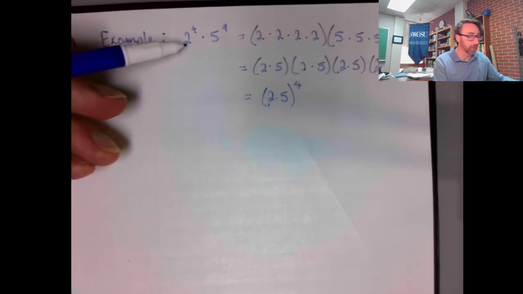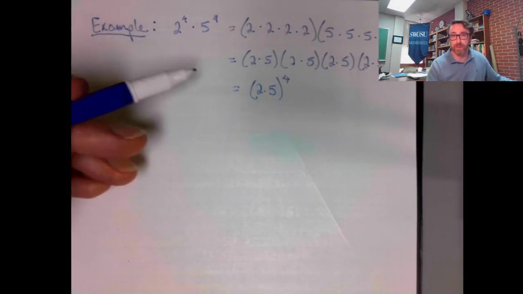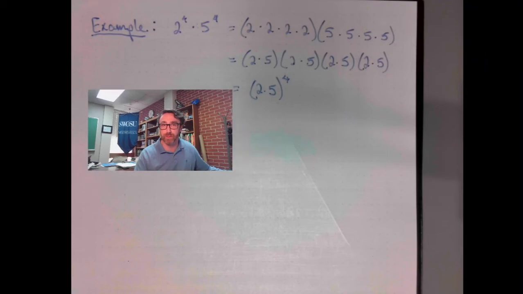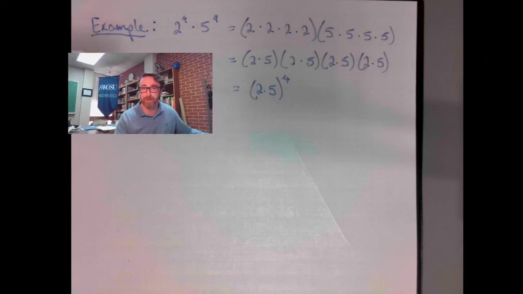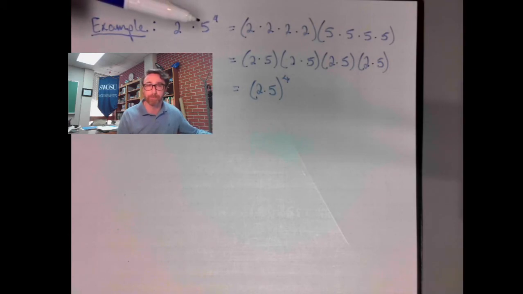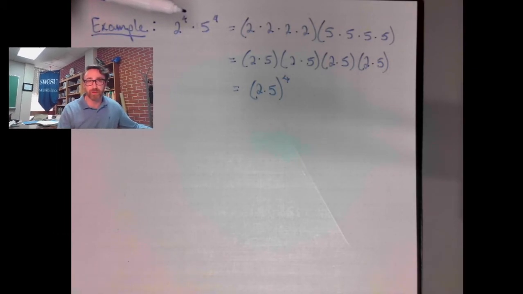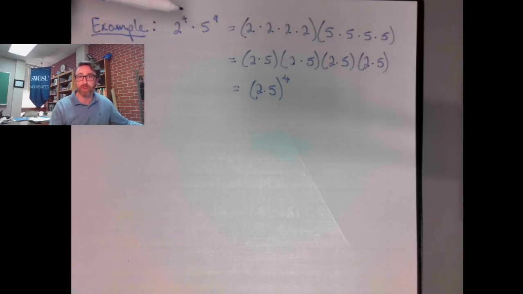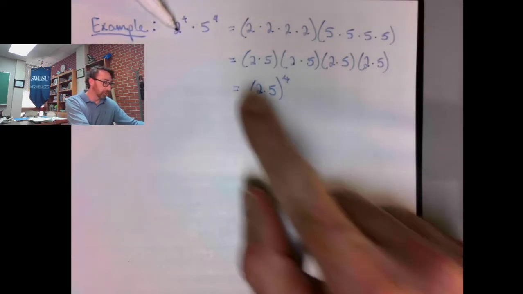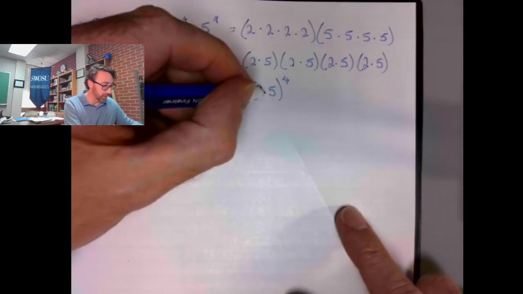If I had 2 power 4, let me scoot over here, maybe. Okay, let's say I had 2 power 4 times 5 power 4. Okay, well, I could try to figure these out individually and then multiply them. Or I could use the rule that we just discussed. It says that this is equivalent to this right here.